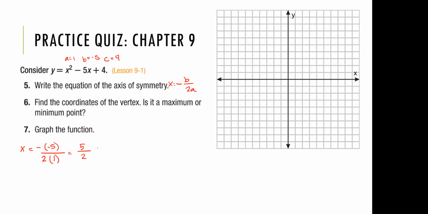So we would say that x is equal to 2.5, okay? So that means that at positive 2.5 is our axis of symmetry. So we would have this line here. Okay, that's going to cut the parabola in half.